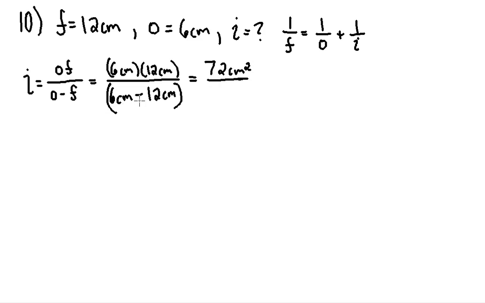Divided by 6 minus 12 is negative 6 centimeters. 72 divided by 6 gives us negative 12. This cancels out with that. Negative 12 centimeters. Okay, so that takes care of A.